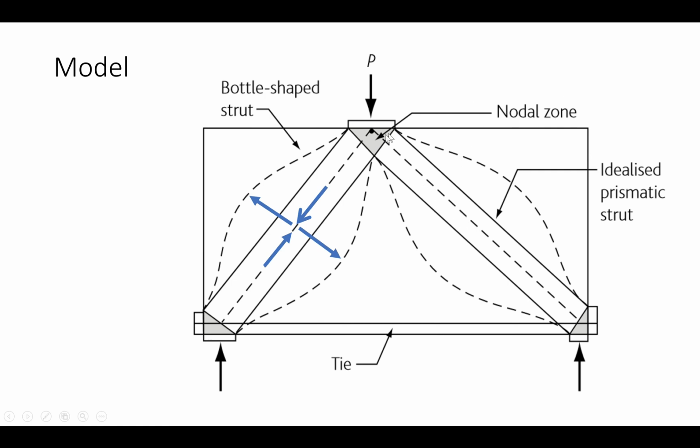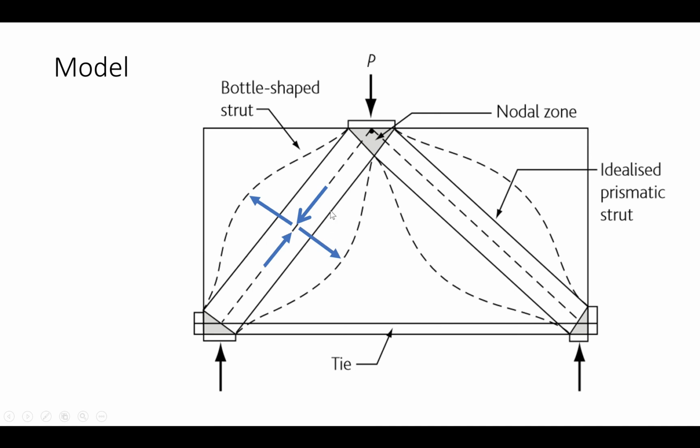It's called the nodal zone, and it develops the bottle shape strut like this one. But we have to idealize it as a prismatic strut, which is too easy to calculate.